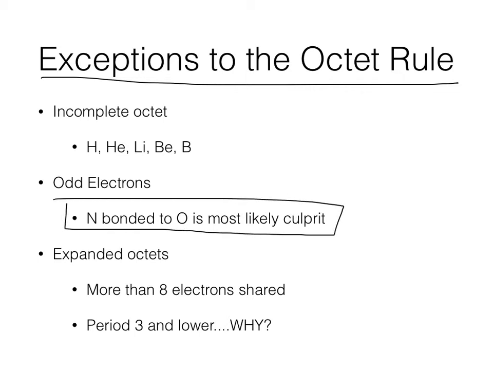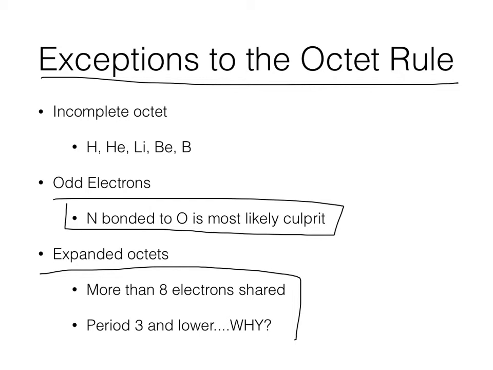Odd numbers of electrons are when nitrogen is bonded to oxygen most of the time. Doesn't have to be, but there are some other exceptions. But if you're going to deal with a weird one, it's going to be a nitrogen oxide. And then we have expanded octets, where we can have more than 8 electrons. So anything in period 3 or lower can have more than 8 electrons.